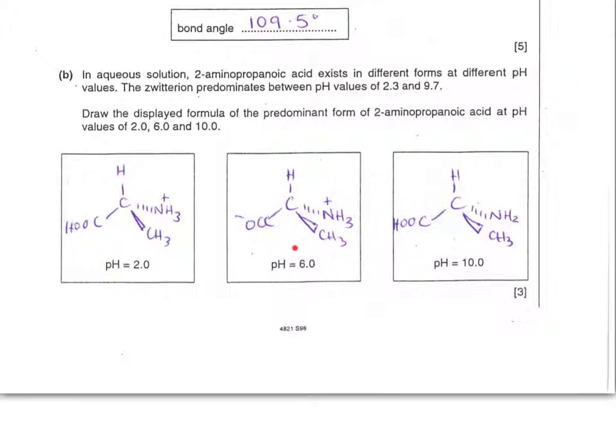At pH 6 we are within the range of the isoelectric point, so the zwitterion will exist and both the amine group and the acid group are ionised. The hydrogen ion from the acid group has been transferred over to the amine group.